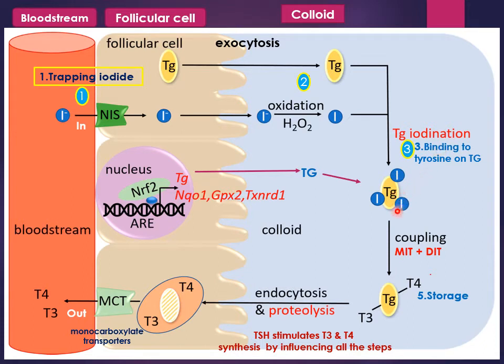Then the next process is called coupling, where the monoiodotyrosine (MIT) and the diiodotyrosine combine, or couple, to form T4 and T3. This is then stored, attached to thyroglobulin, in the colloid. When required, it is released back into the bloodstream by a process of endocytosis and proteolysis and released as T3 and T4 in the bloodstream.